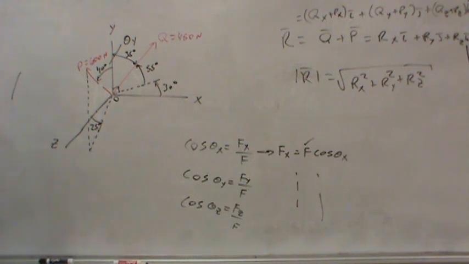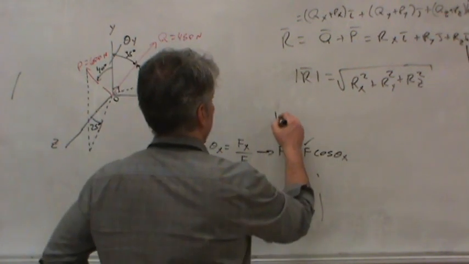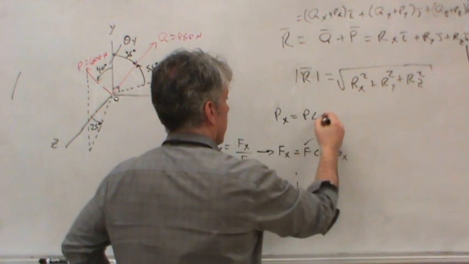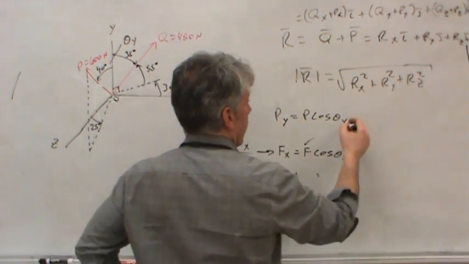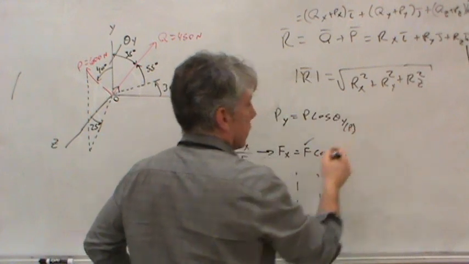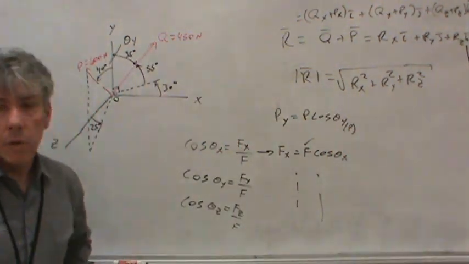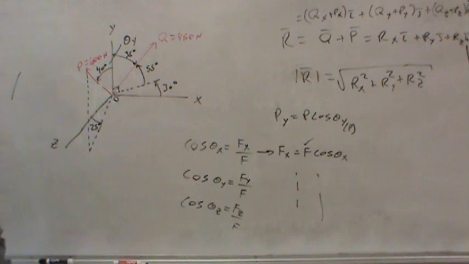So, theta y has two components, one for P and one for Q. Sure, there's a different theta y for P versus Q. So which one do you put into the equation? Well, it depends on what you want. If I want Px, I will put P cosine of theta y, well, if this is the y direction, for P, right? Good question. So when we get PY for both, would we add those and that's how we get the resultant Y?